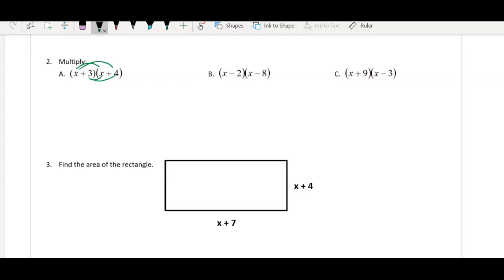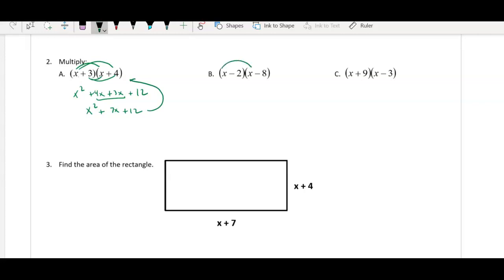So when we multiply these two binomials, x times x is x squared, x times 4 is 4x, 3 times x is 3x, 3 times 4 is 12. So when we multiply and combine like terms in the middle, we get x squared plus 7x plus 12. Okay, so now we have to think about how could we go from here to here.